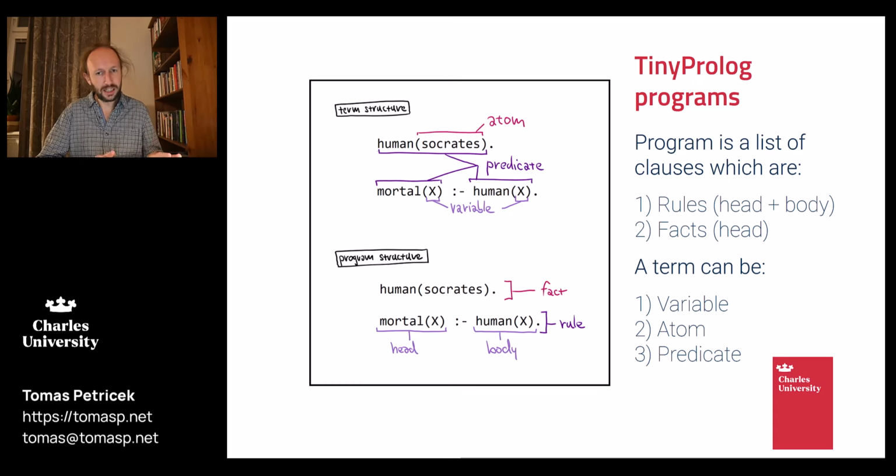They can be predicates, it looks like a function call, it's sort of saying, I have some predicate with some arguments. So that's one syntactic structure. Another is an atom. That's the names with the lowercase starting letter. This is representing some specific entity. And then we have variables which start with uppercase letters.